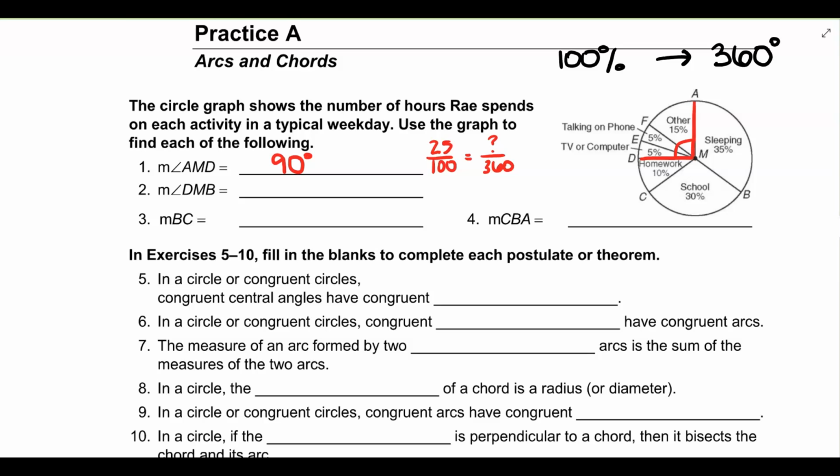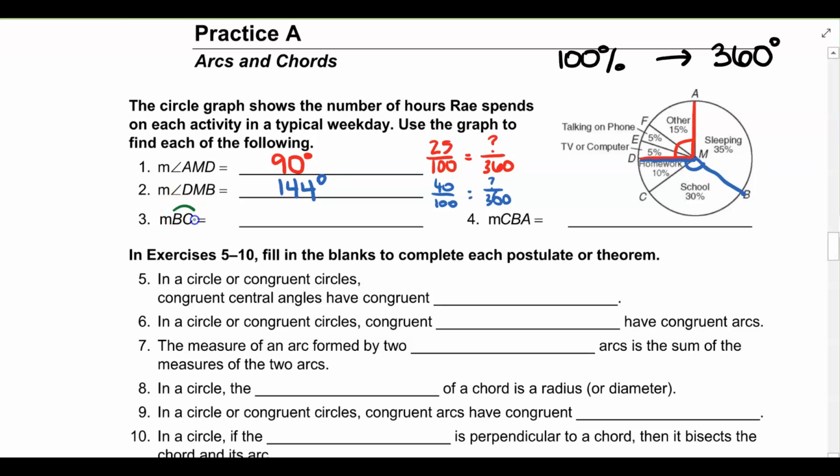Now we want the measure of angle DMB. So while that consists of 40% of the pie, we want to know what that's equivalent to in terms of degrees. So 40 times 360 divided by 100 tells me that that's equivalent to 144 degrees.